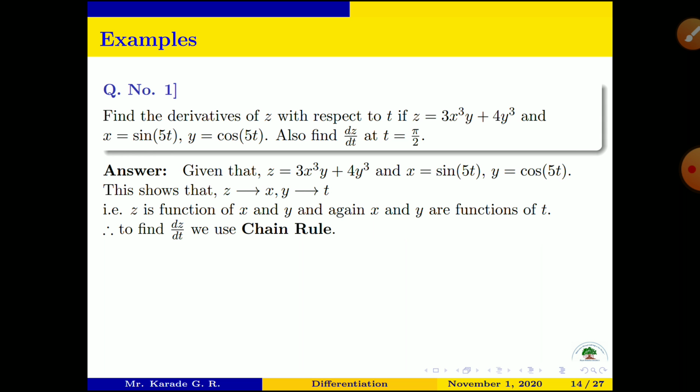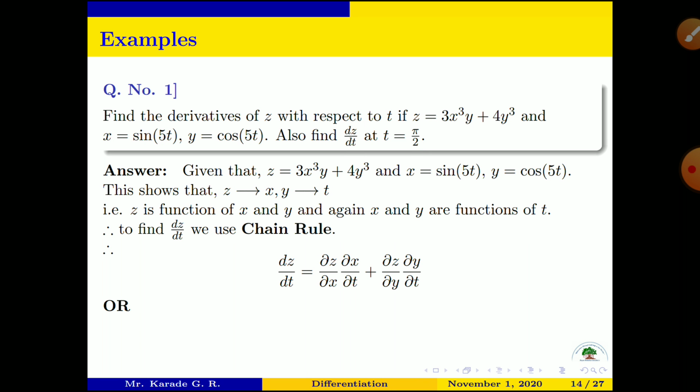To find dz/dt we use the chain rule. Therefore we know that the chain rule is dz/dt = ∂z/∂x times ∂x/∂t plus ∂z/∂y times ∂y/∂t.